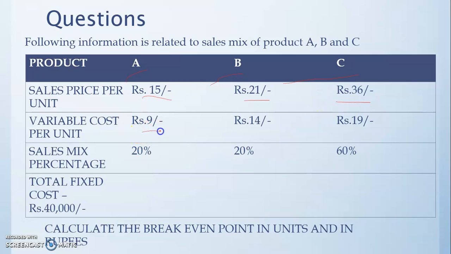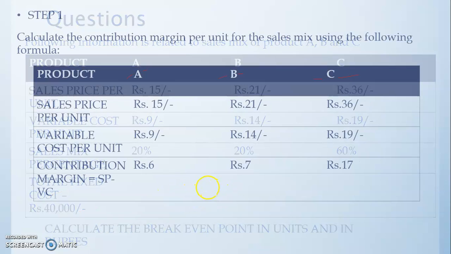Variable cost per unit is given as 9, 14 and 19. The sales mix percentage, that means the contribution of each product to the sales mix, is 20% for A, 20% for B and 60% for C. It's also given that the total fixed cost is 40,000. Now we'll have to find out the break-even point in units and in rupees.